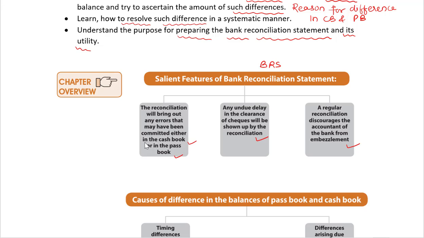So the bank cashier or the bank accountant will not do any mischief with our books of accounts, because they know that this company or this person is doing regular BRS, that is bank reconciliation statement. He tries to tally the cash book and passbook on a regular basis, maybe every month.